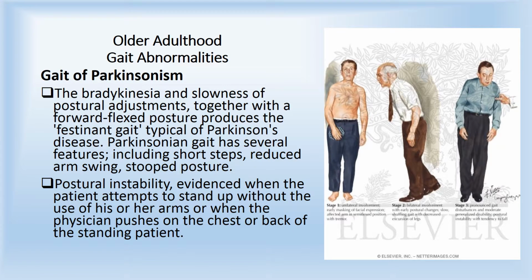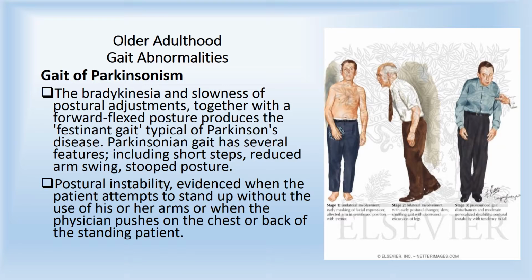A very well-known gait abnormality in older adults is the gait of Parkinsonism. In this gait, you see slowness of postural adjustments, together with a forward flexed posture, which produces the festinating gait, typical of Parkinson's disease.